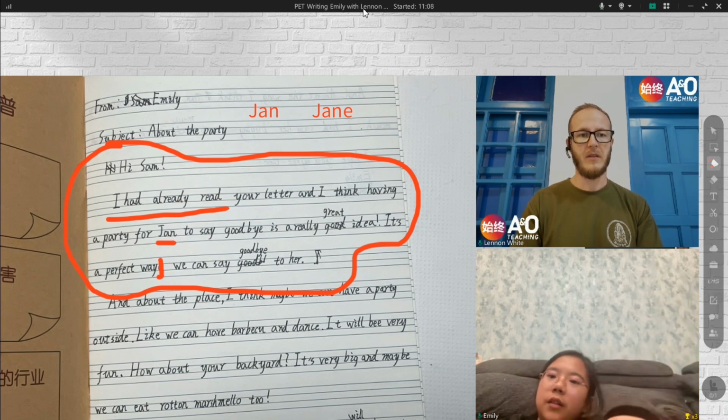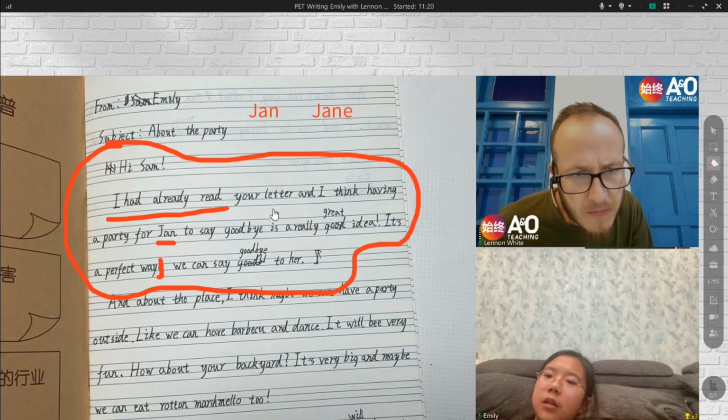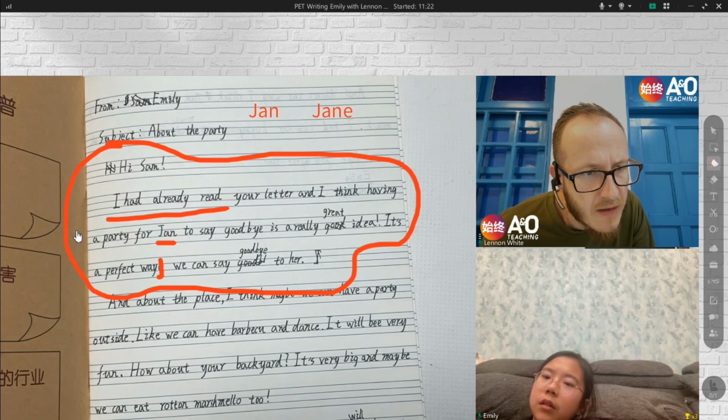Let me see if there's some nice explanation in a picture. So, past simple. We use it for, what is this? Present perfect, past continuous, past perfect.